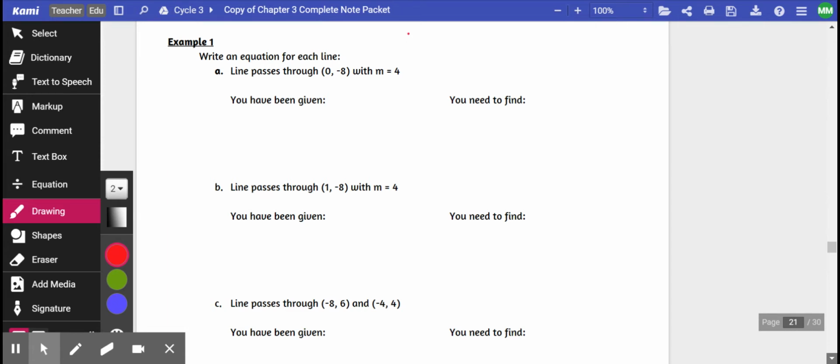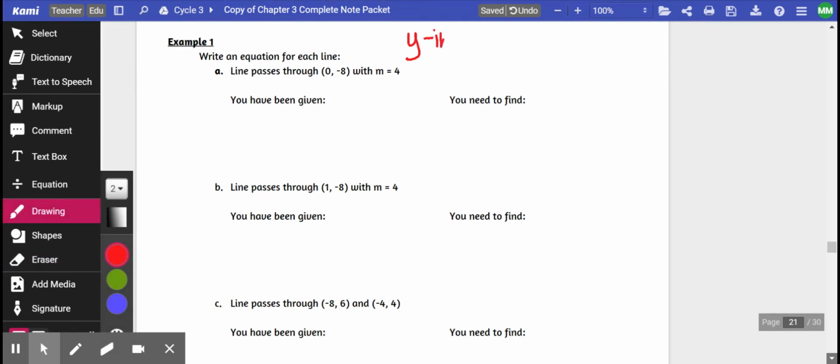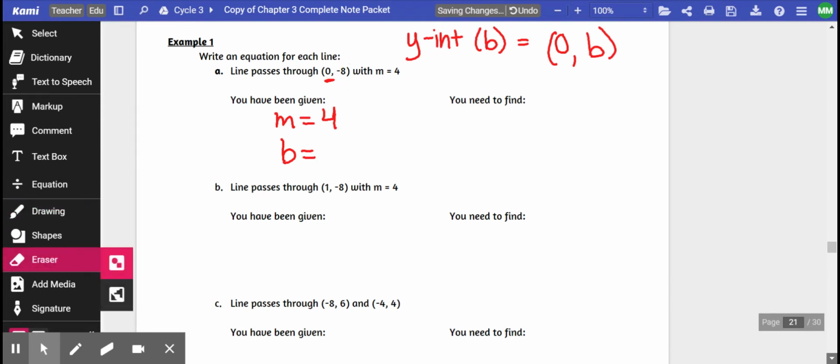Remember before we start that your y-intercept, or your b value, is at (0, b), so it has just a 0 in the x spot. For this one, we have our slope given to us. It tells us that m equals 4, and it also tells us what b is, because we have a 0 here. So -8 would be our b value.